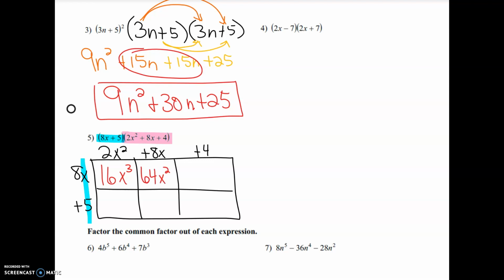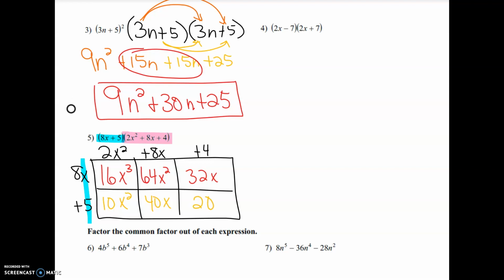And 8x times 4 is 32x. I'm going to also do that with the second row. 5 times 2x squared is 10x squared. 5 times 8x, 40x, and 5 times 4 is 20.